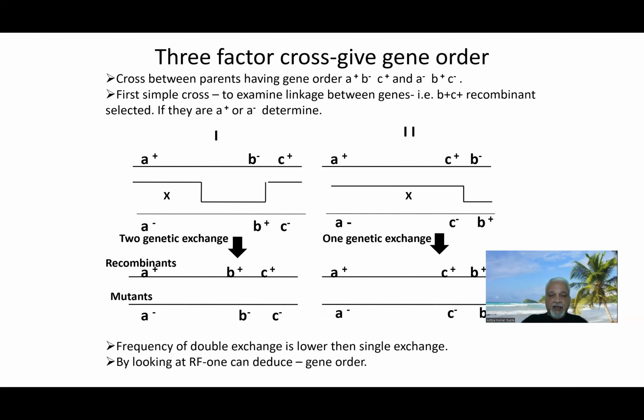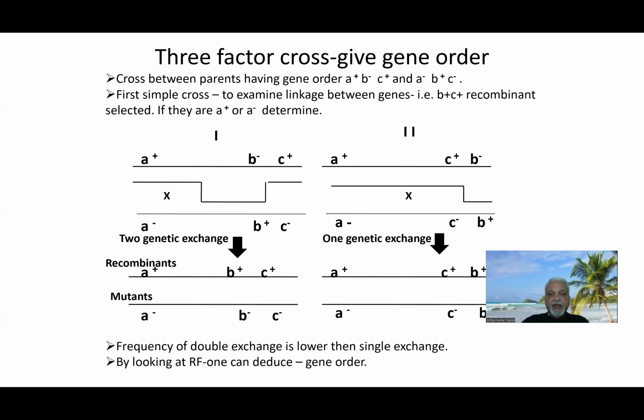That is the experiment: we allow them to undergo cross or recombination, and we look for the B plus C plus phenotype. For those cells which are B plus C plus, we check whether they are A plus or A minus.